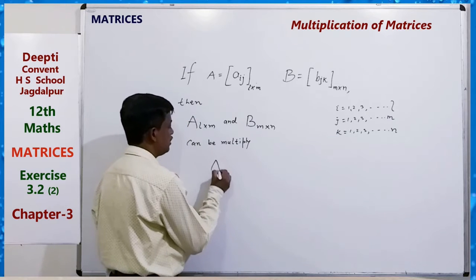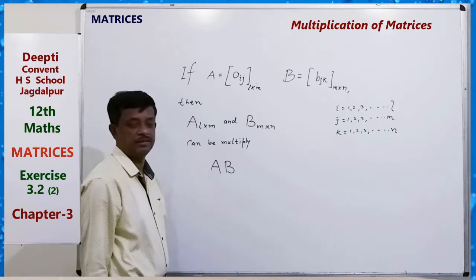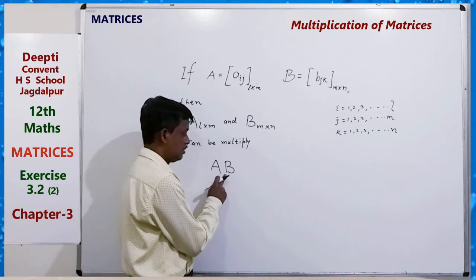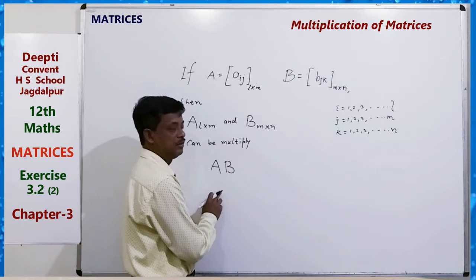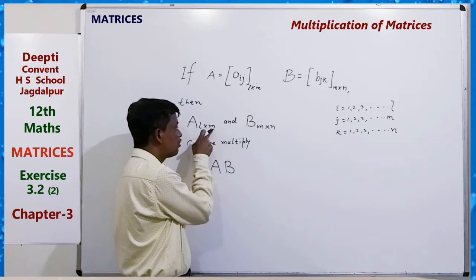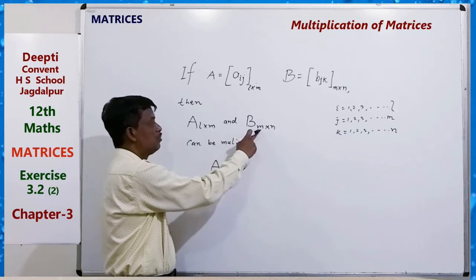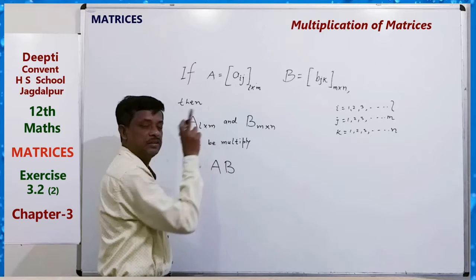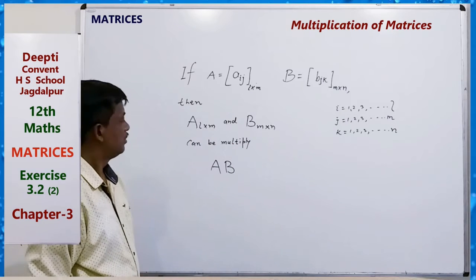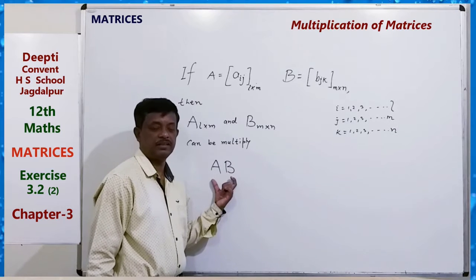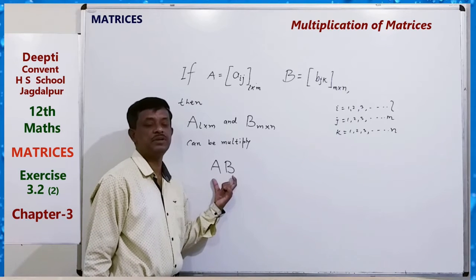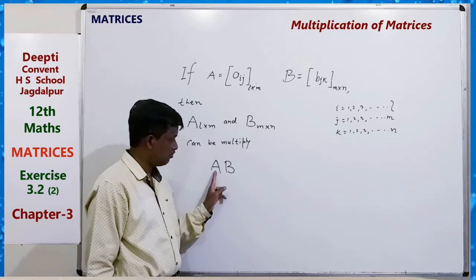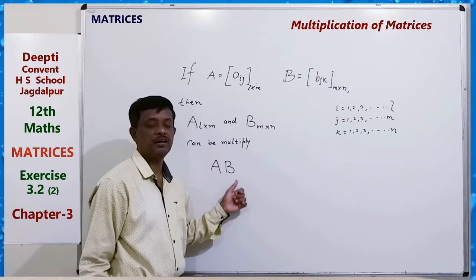That is, AB will be defined, because the number of columns here and the number of rows here are the same. AB, that is multiplication of A and B, may be defined if the number of columns in the first and the number of rows in the second are the same.